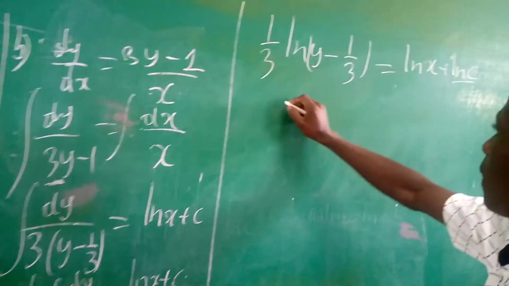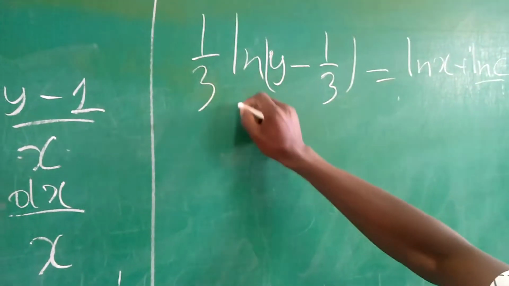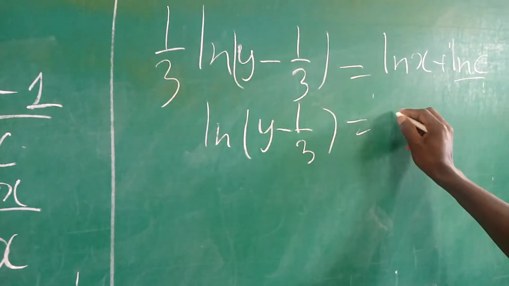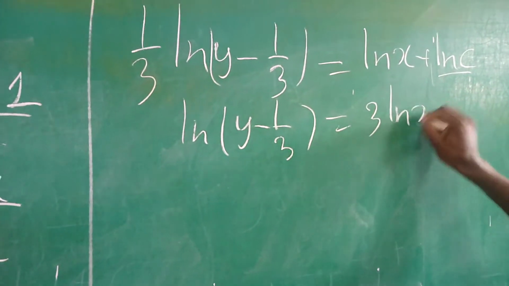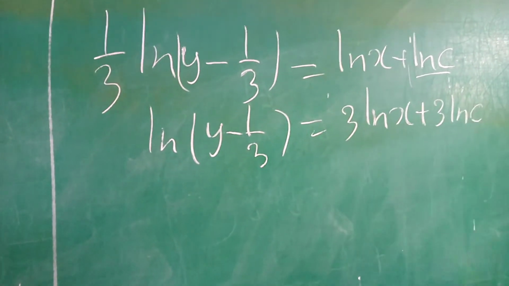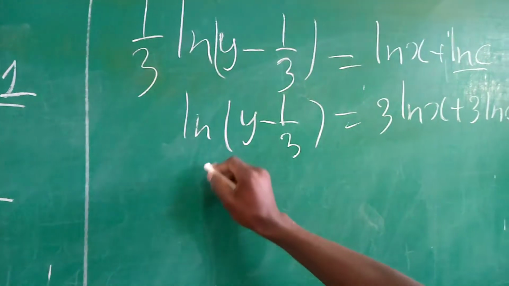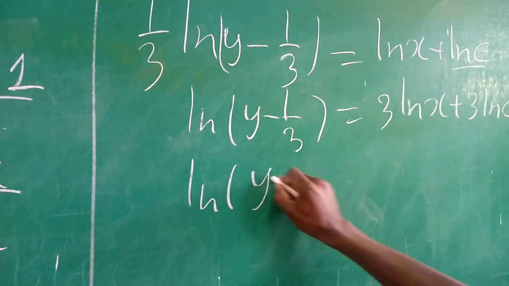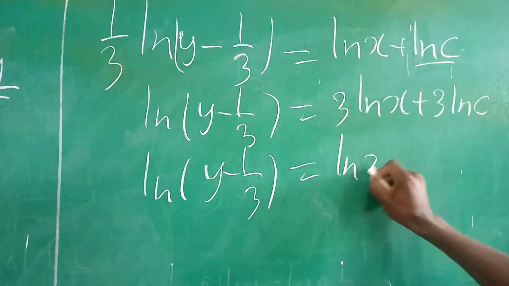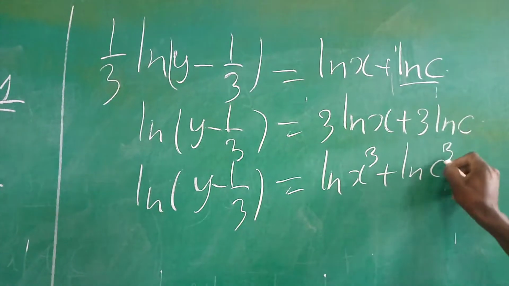Then we can multiply by 3 on this side: ln of y minus 1 over 3 is equal to 3 ln x plus 3 ln c. Hence this gives ln of y minus 1 over 3 equal to ln x to the power 3 plus ln c to the power 3.